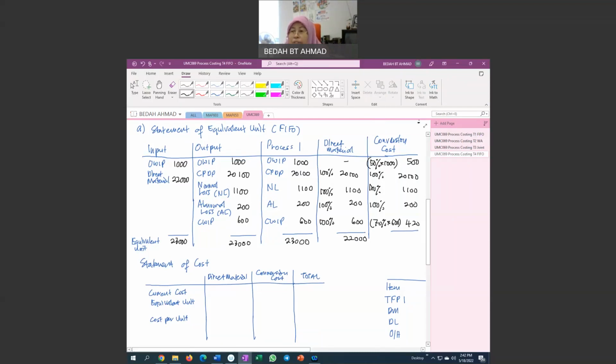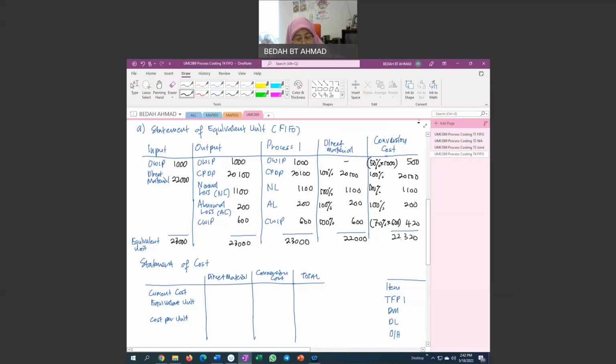For the conversion cost, 500 plus 2,100 plus 1,100 plus 200 and 420. So it is 22,320. There is no balance here for the OWIP, so that's why it is nil.